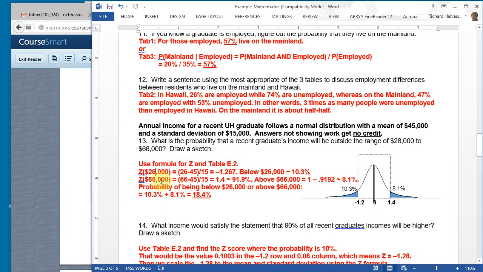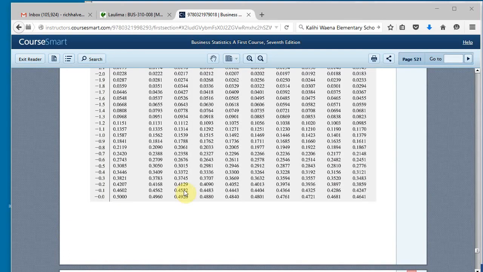What's the probability of being above 66,000? Well, we've got to figure out the z-score again, and it turns out it's 1.4. Let's go 66 minus 45 divided by 15 is about 1.4. And so let's figure out what the probability is for 1.4.